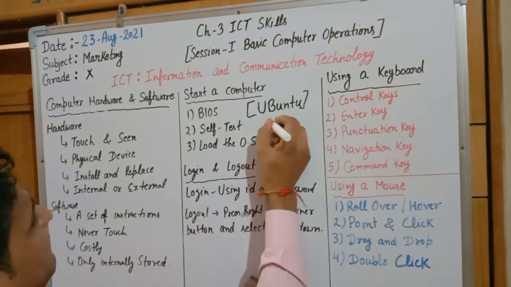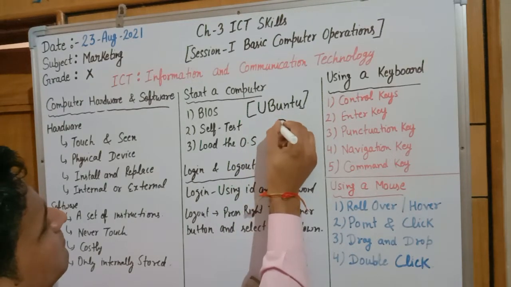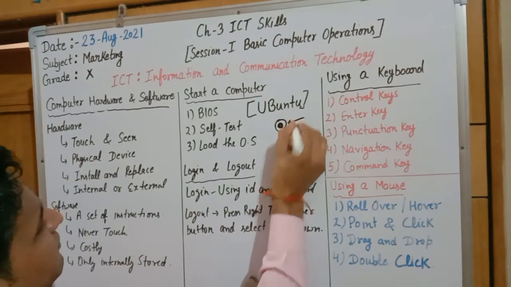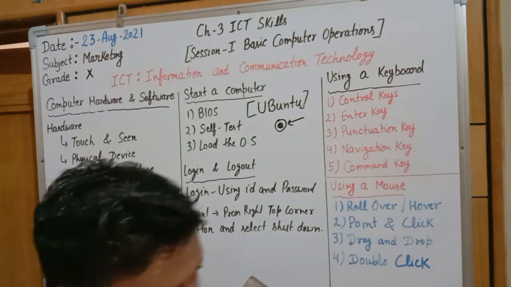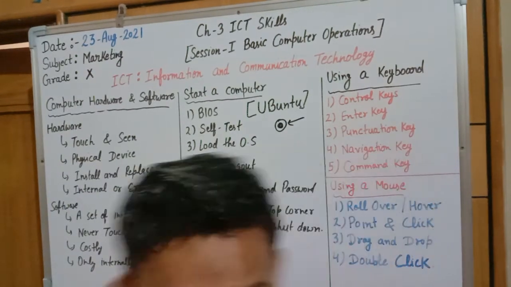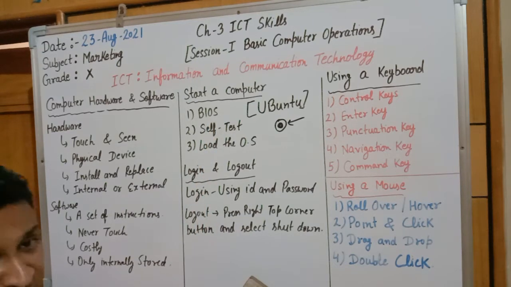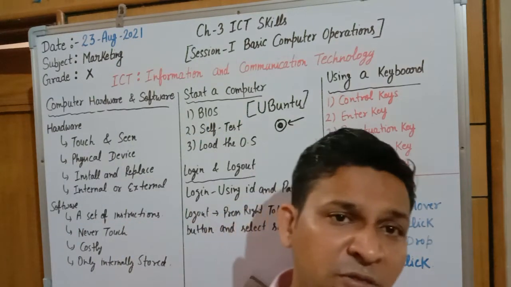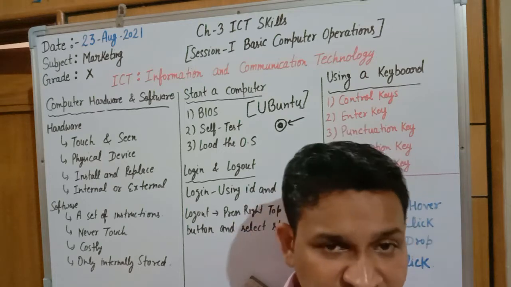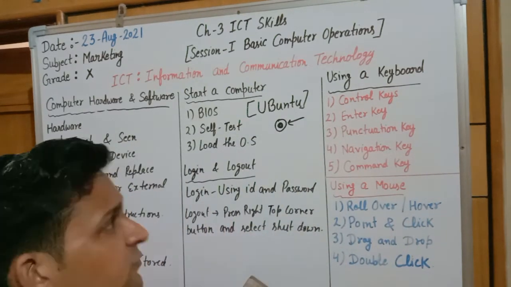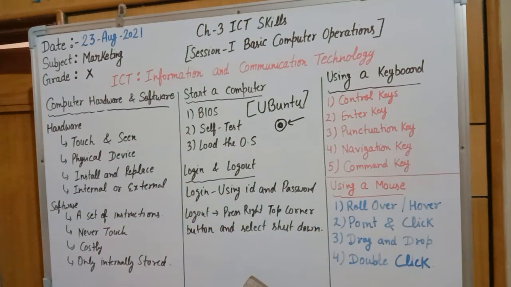So the first step is that a user will press the power on button. When the user clicks on the power on button, what will happen? At first, the BIOS will be loaded. BIOS means basic input output system, which provides the input and output of the computer system. BIOS contains the information about the input and output of your computer system.